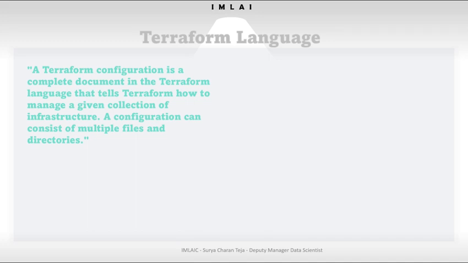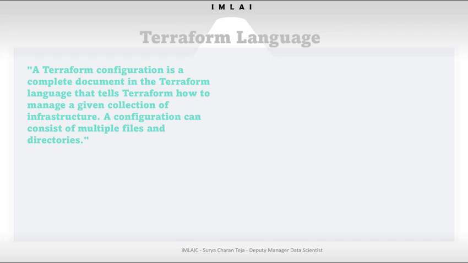The main purpose of the Terraform language is declaring resources. I'm repeating one more time: the main purpose of the Terraform language is declaring resources, which represent infrastructure objects. All other language features exist only to make the definition of resources more flexible and convenient.